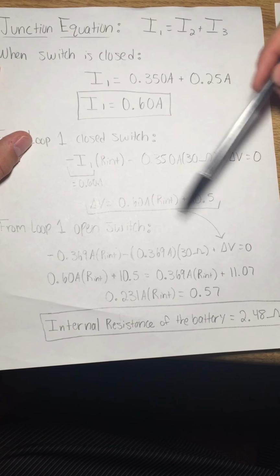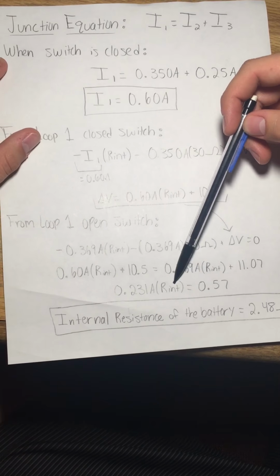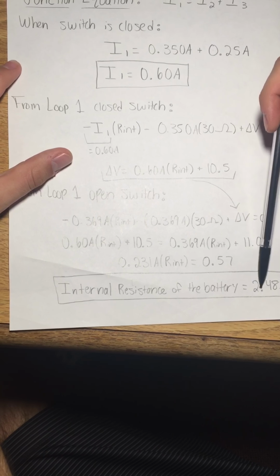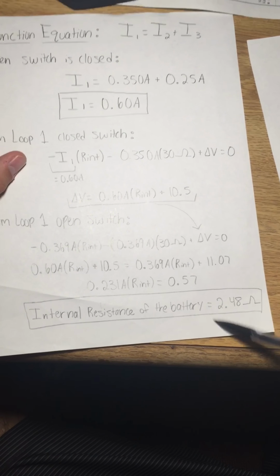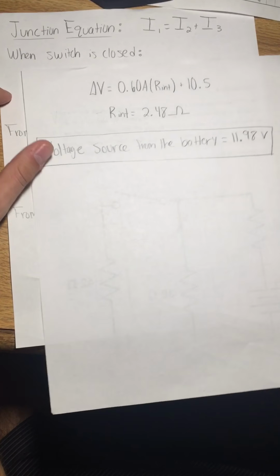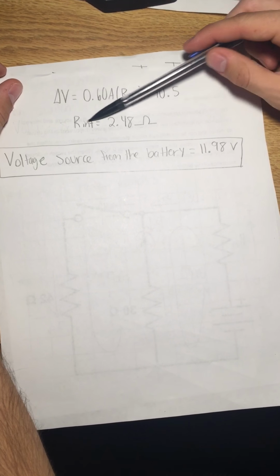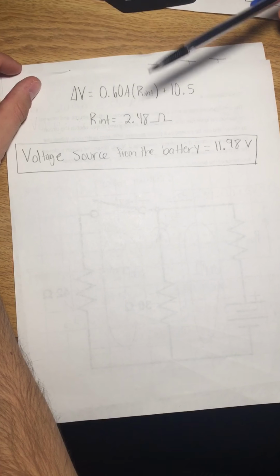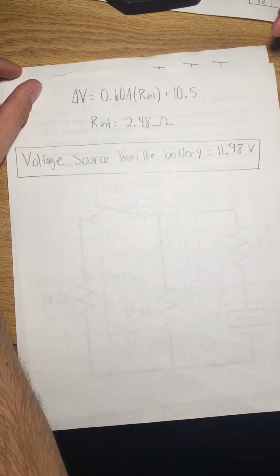Then we solve for the internal resistance of the battery, which is going to be 2.48 ohms. Since we solved for the resistance, we use this equation up here to solve for the voltage source. This is the equation we solved for delta V rewritten. Plug in our internal resistance, which we know, and you get the voltage source of the battery to be 11.98 volts.